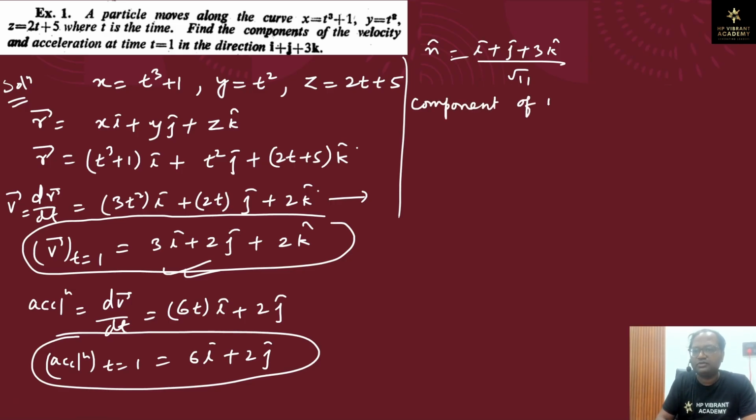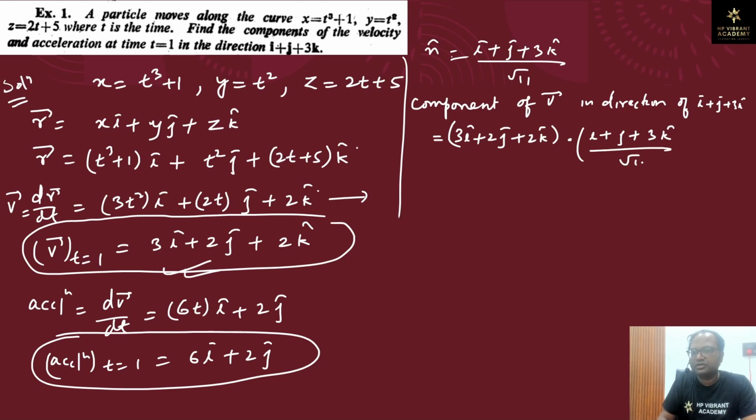Component of v in the direction of i cap + j cap + 3k cap is equal to the v vector, (3 i cap + 2 j cap + 2k cap), dotted with (i cap + j cap + 3k cap) upon root under 11. This is equal to (3 into 1 + 2 into 1 + 2 into 3) upon root under 11. This is equal to 11 upon root under 11, which is root under 11.